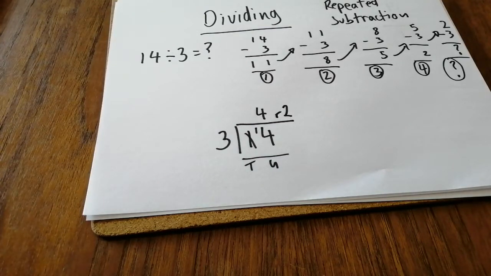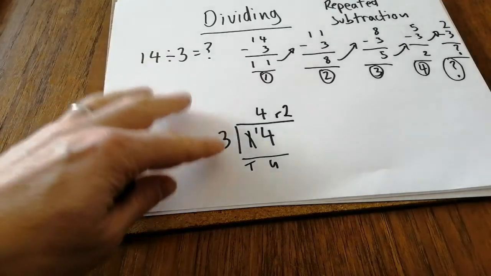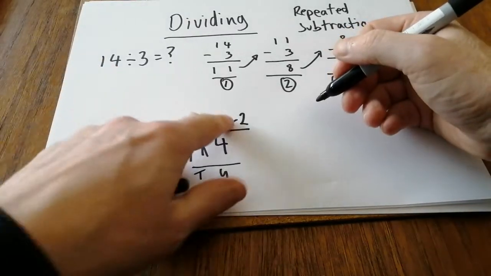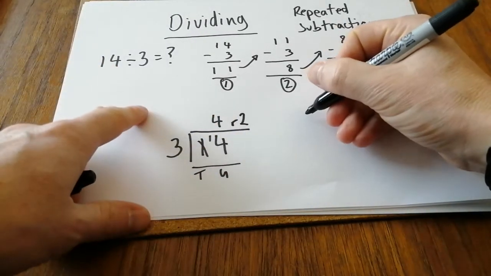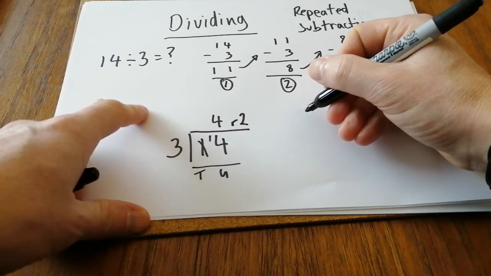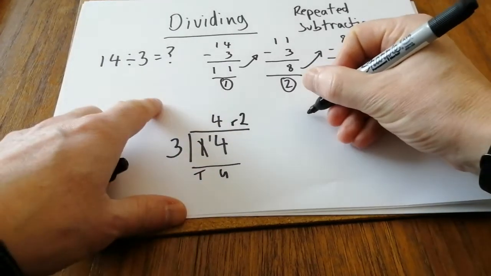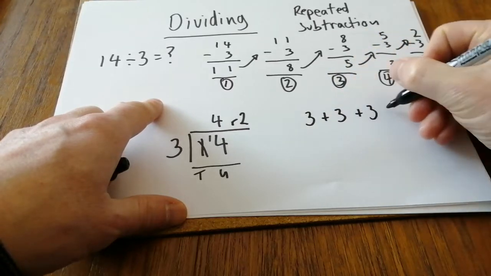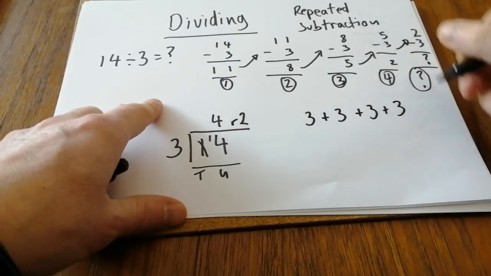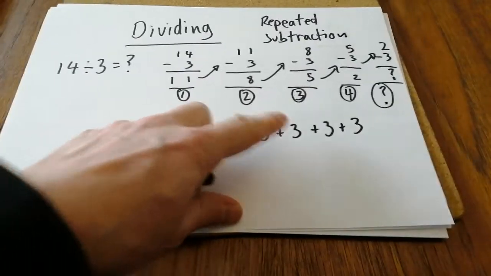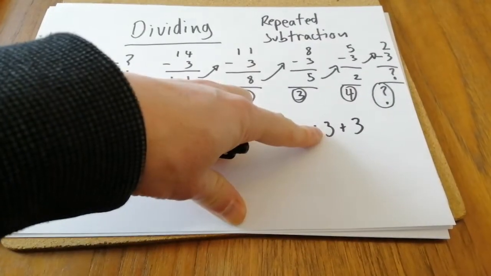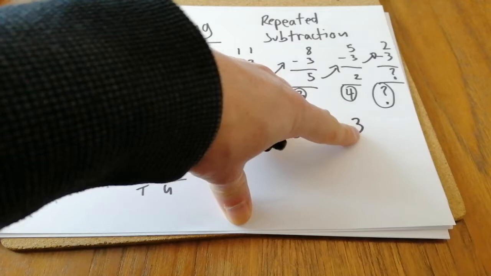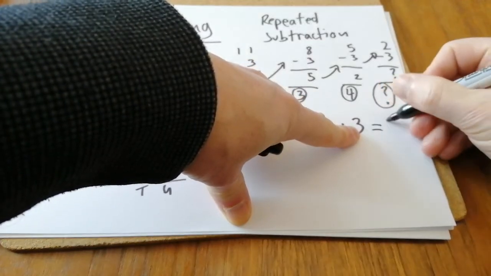Well, let's double check that to make sure that we know what we're talking about. Let's do 4 times 3. And remember, a multiplication is repeated addition, so it's 4 lots of 3, so it's 3 plus 3 plus 3 plus 3. The answer to that is 3 plus 3 is 6, plus 3 is 9, plus 3 is 12.